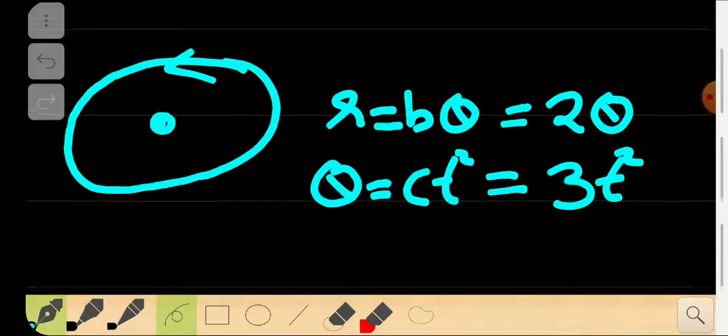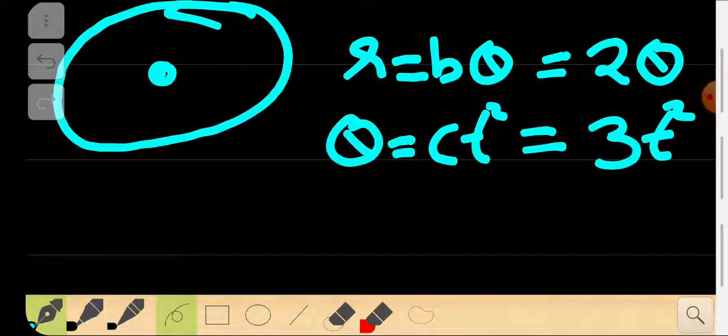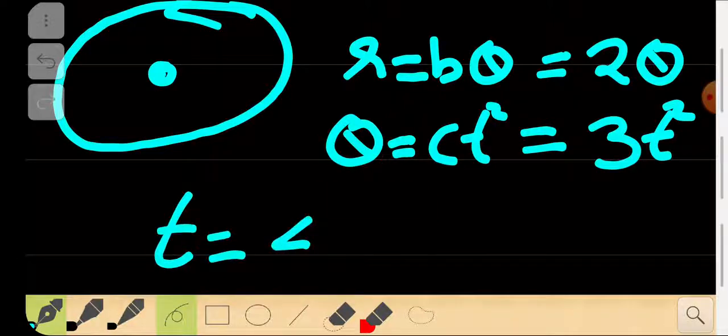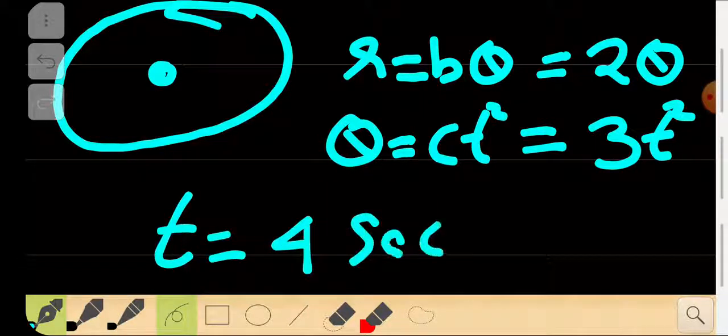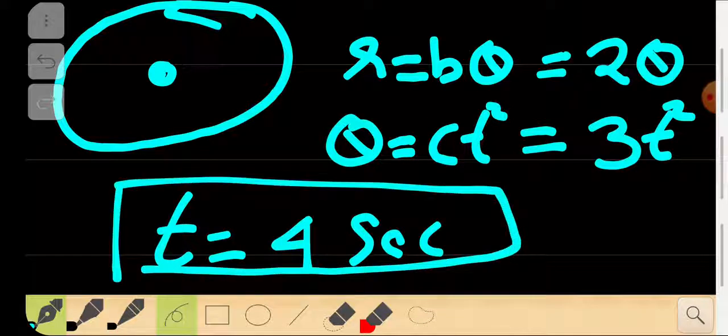That's much easier, and we have a number in the end. This is the trajectory. We need to find out after t equals 4 seconds what will happen to the acceleration.